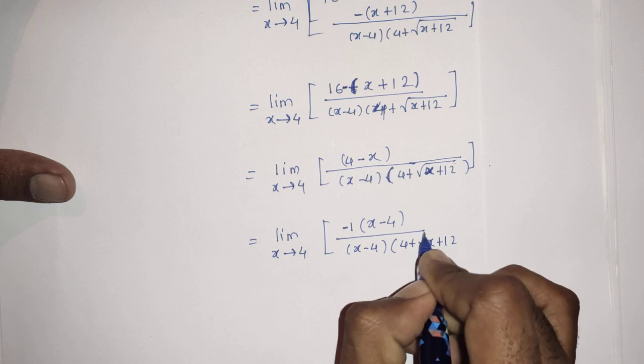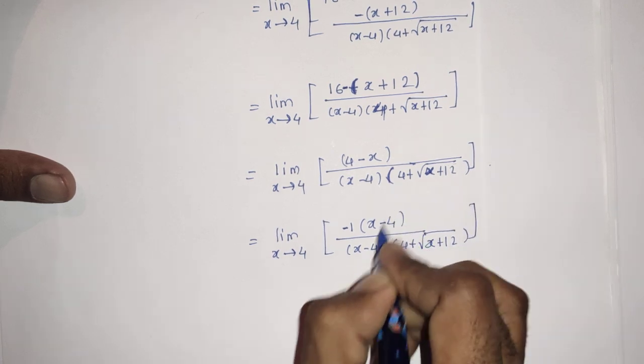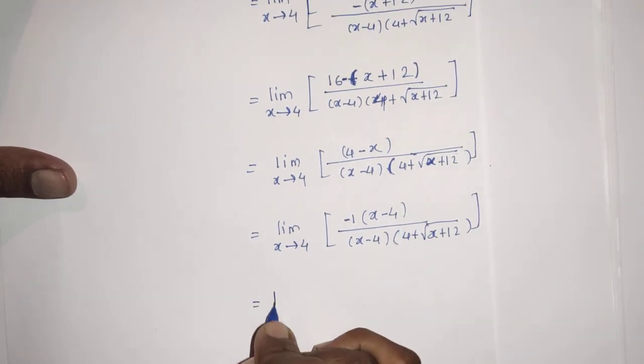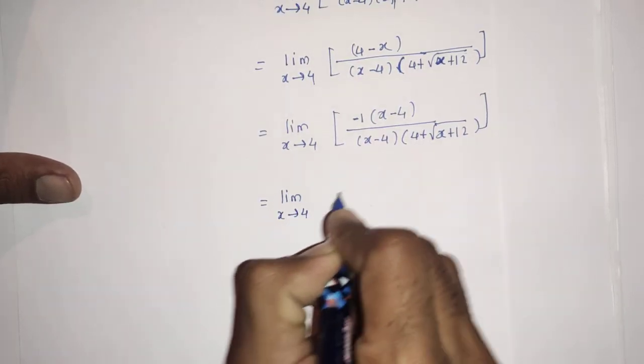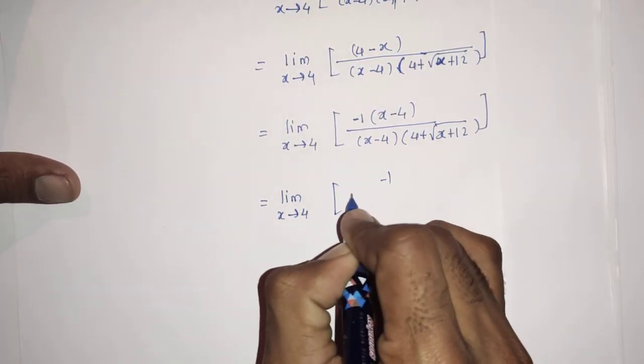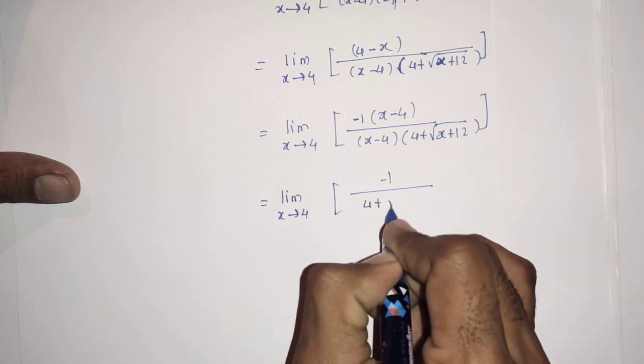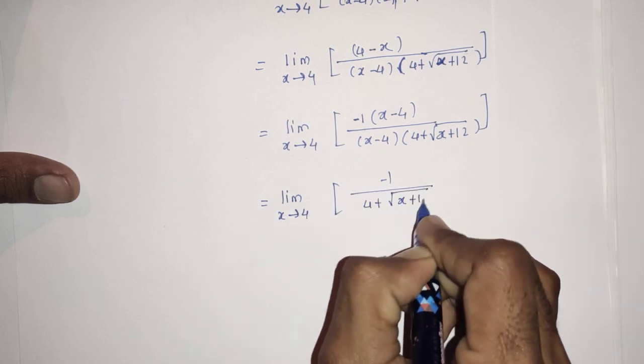Now this x minus 4, x minus 4 gets cancelled. This will be the limit x tends to 4 of minus 1 upon 4 plus square root of x plus 12.